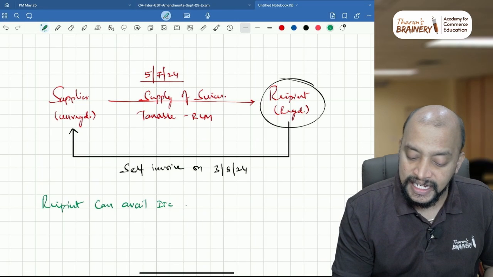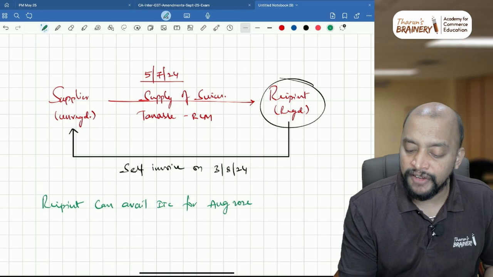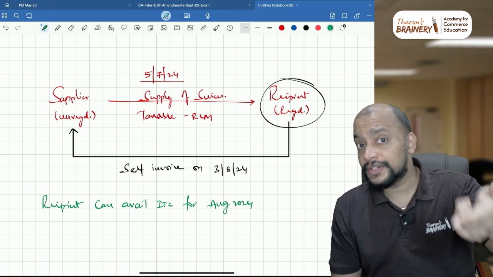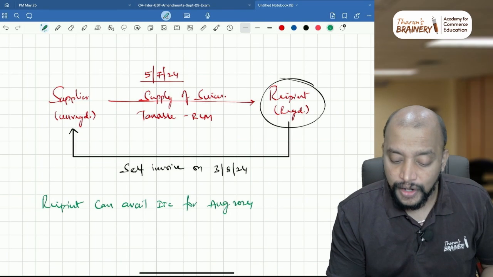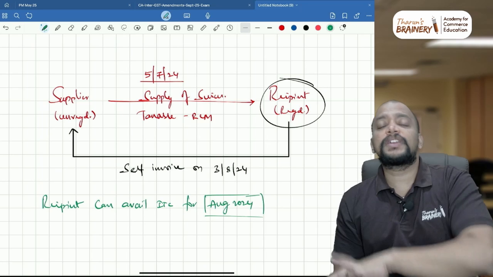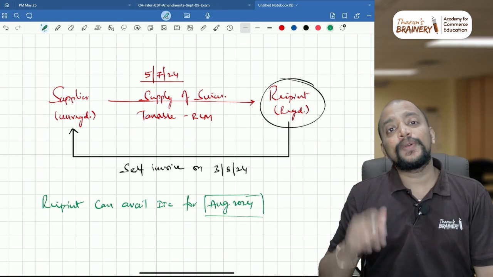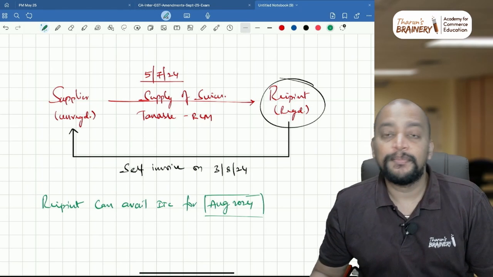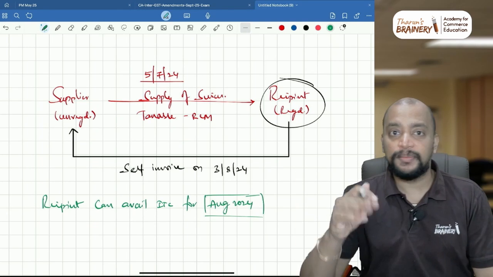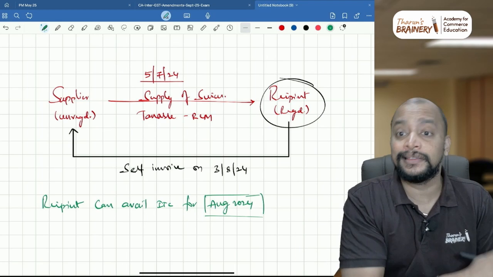The recipient can avail ITC for August 2024. For August 2024, they file 3B, so in that 3B they will be able to take ITC. When will they file 3B for August 2024? By 20th of September. In that, they will be able to take ITC, but not for the July month.